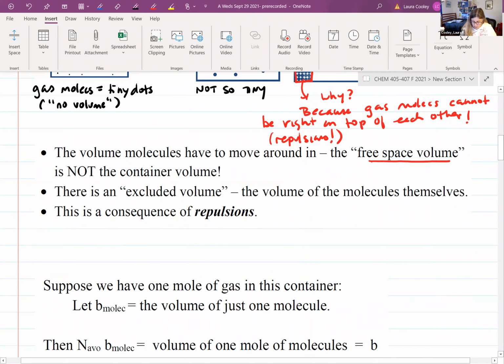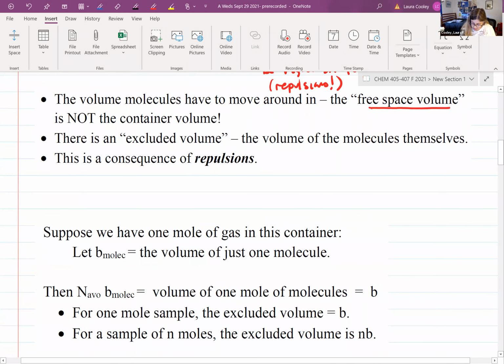So if we have 1 mole of gas in this container, and we say that b sub molecule is the volume of just one molecule, and then you multiply that by Avogadro's number, so we have Avogadro's number times the volume of one molecule.